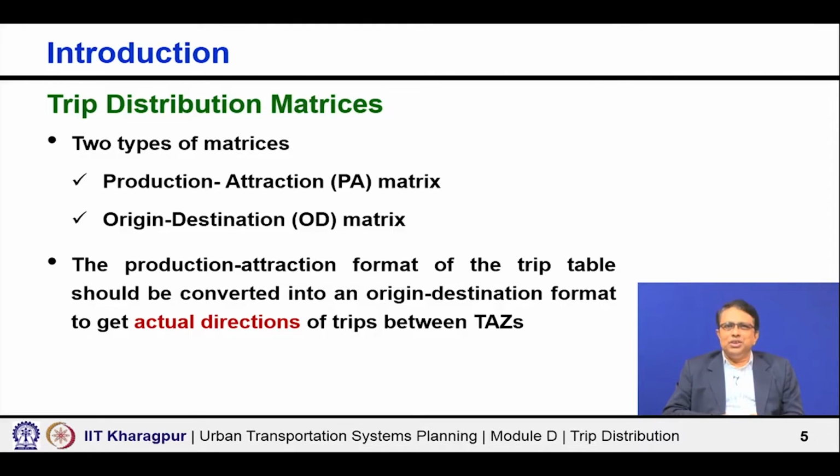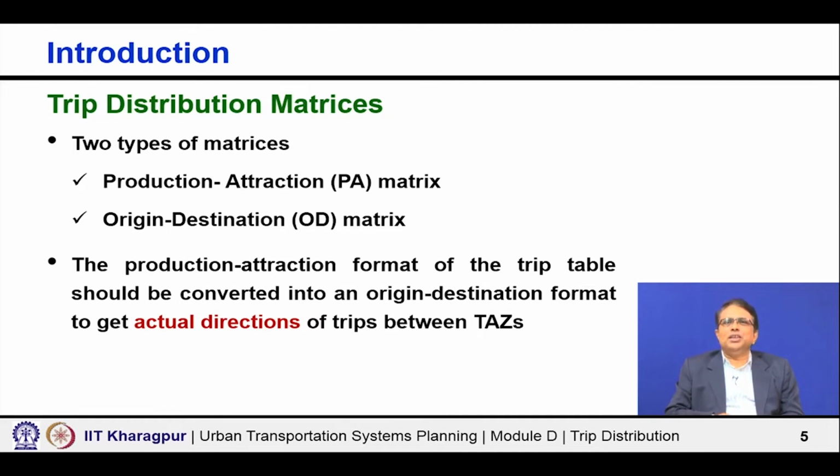But if we say origin destination, the first case the origin is home, destination is office. Second case the origin is office, destination is home. But again I would like to remind you that in the second case the production is still at home, attraction is still at office.